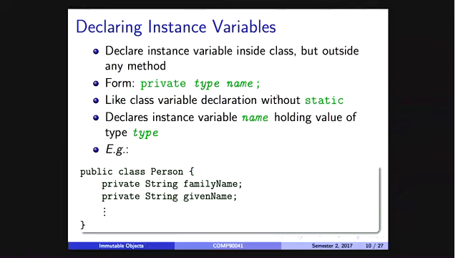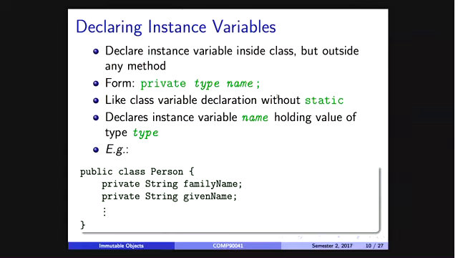Now, you don't strictly have to do that. But I'm putting it in here not as an optional thing, but as a mandatory thing. Not because Java makes you do it, but because good practice makes you do it. You should always make your instance variables private. I'll come to why a little later.